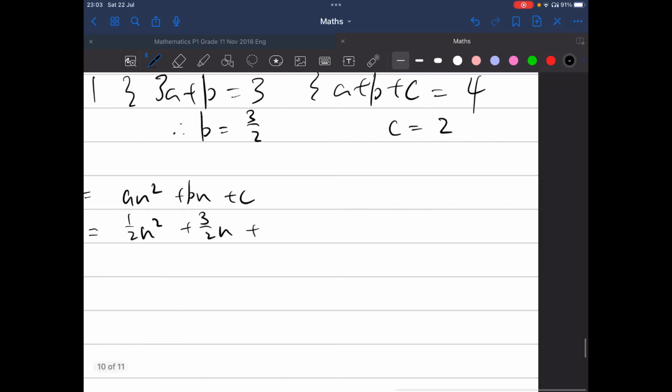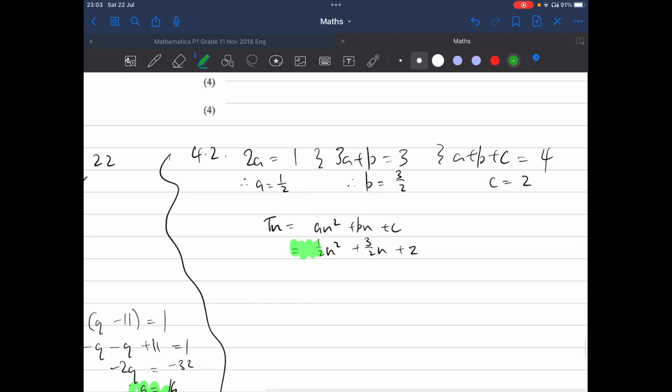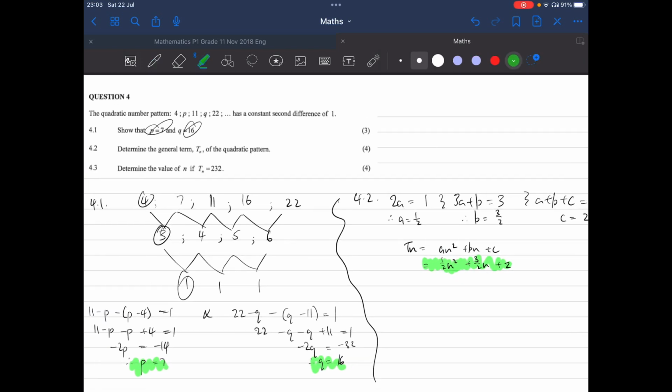Again, you should always test the answer that you get. Let's try it with the pattern that we have over here. In my calculator I'll enter 1 over 2 n squared plus 3 over 2 n plus 2, and in place of n I'll put 1. The answer I get is 4.